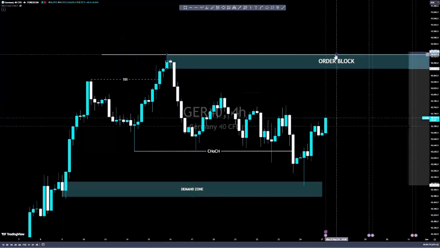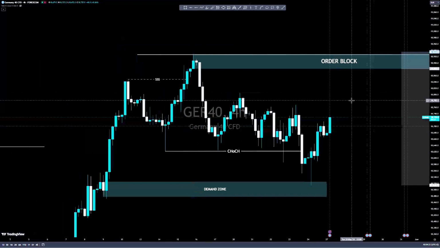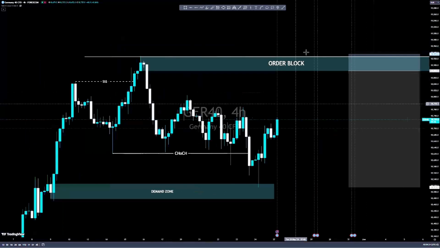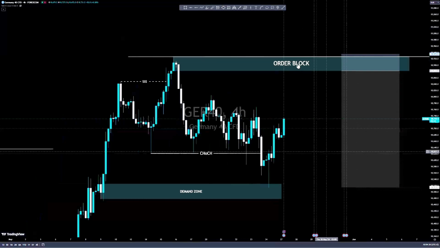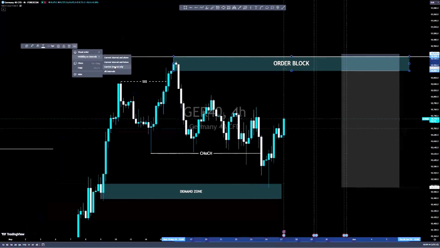If that happens, then we will have to wait again and look for buy opportunities, because this high has been broken. That's if that happens. But let me just hide these things so they can stay on this time frame only before we go back to the weekly time frame.